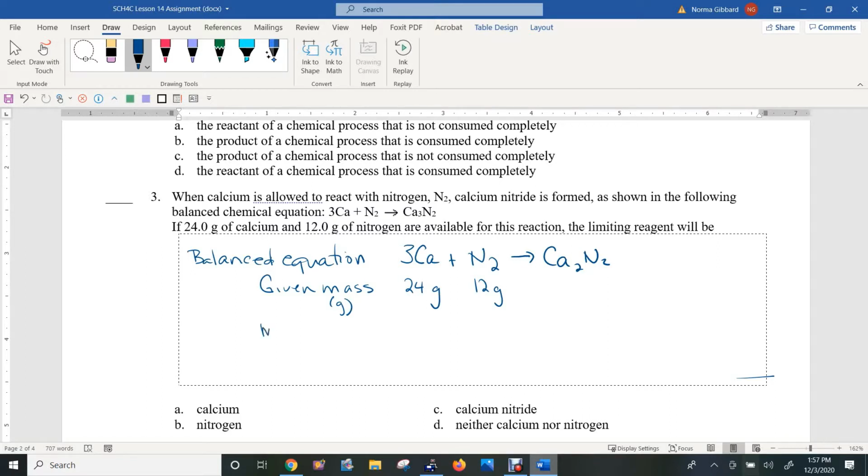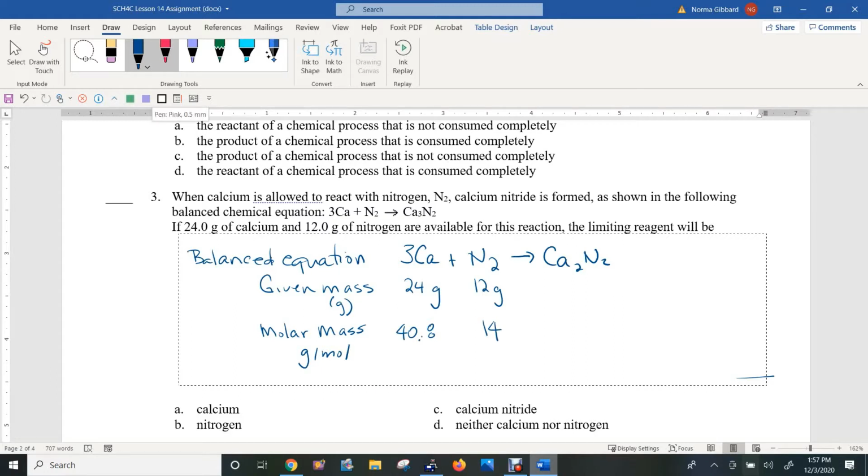Now, the next thing is we're going to determine the molar mass, in grams per mole, and this information comes from the periodic table. Looking up the periodic table, calcium is 40.8 and nitrogen is 14.